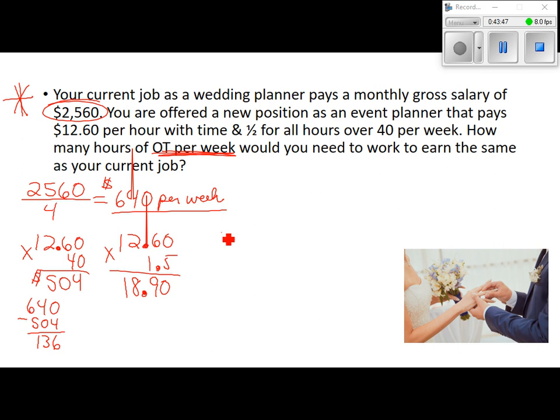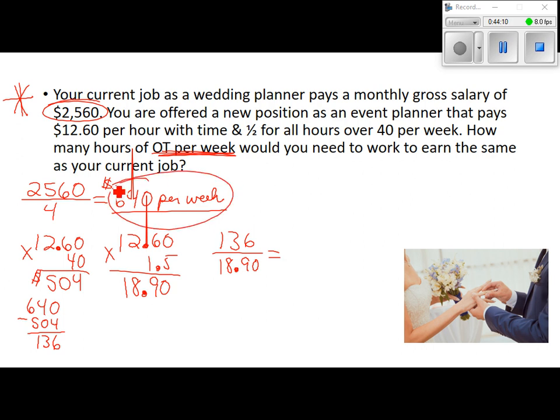What do we do with that $136? Divided by the overtime pay. Divided by 18.90. That's going to tell us how many hours we need to work to get back to this pay.